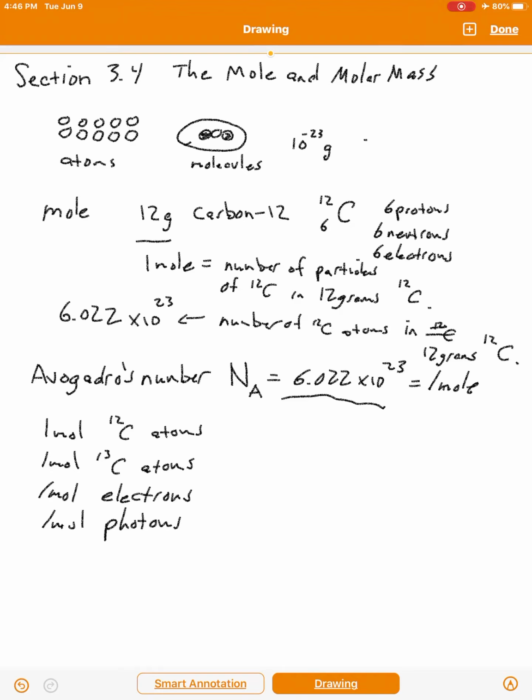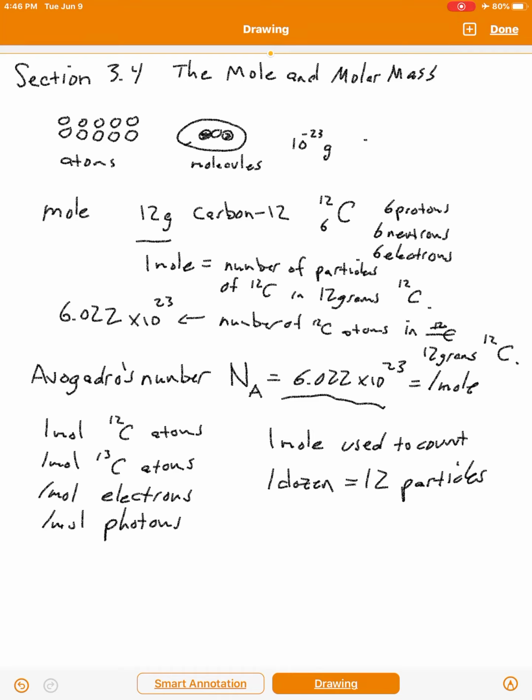Okay? So in a sense, a mole is just a way to count things. Just like we would use a dozen, right? 1 dozen is 12 particles. So if I say I have a dozen eggs, that means you have 12.